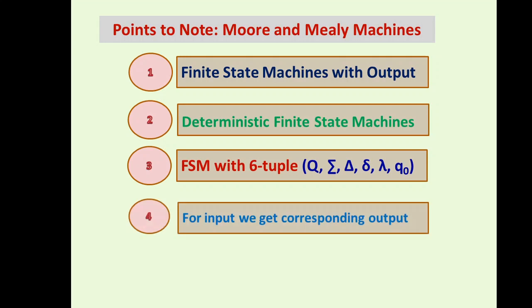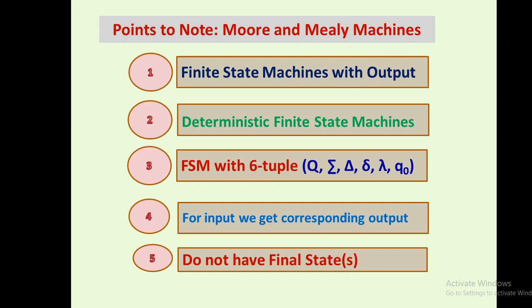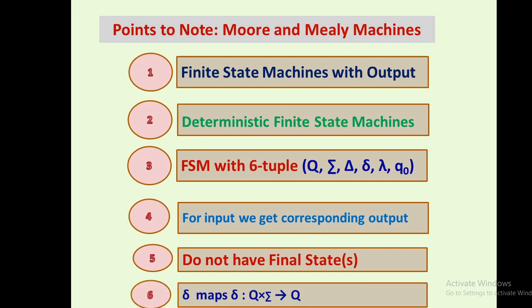Then both are 6 tuple Q, sigma, del, delta, lambda and Q0. All these parameters are already elaborated. Then for every input we get the corresponding output in both the machines. We do not have a final state or states in both the machines. Delta is a transition function which maps from Q cross sigma to Q, that is from current state and on input symbol we will reach a new state. That new state might be the same state itself.